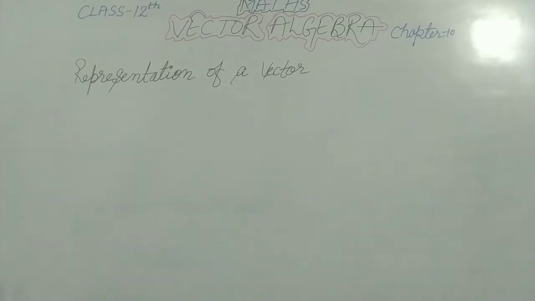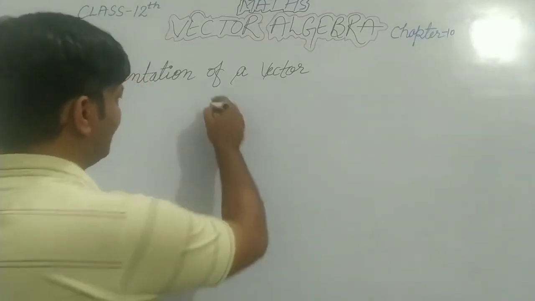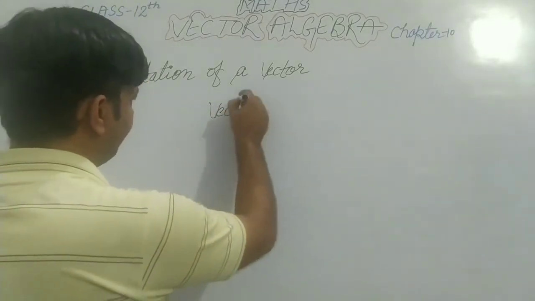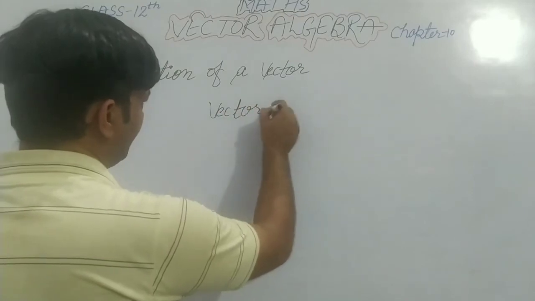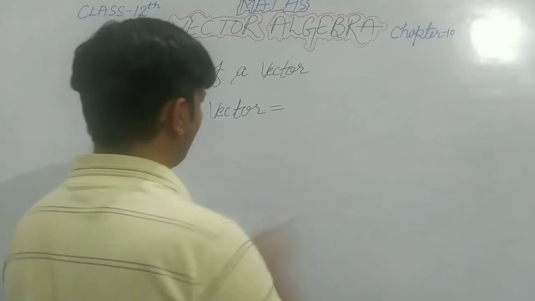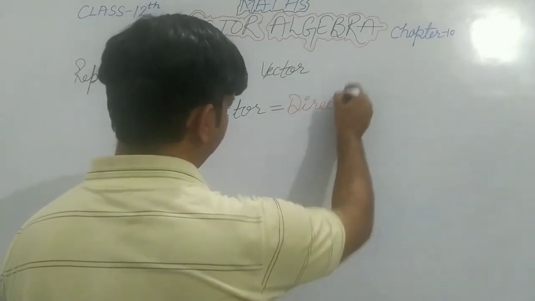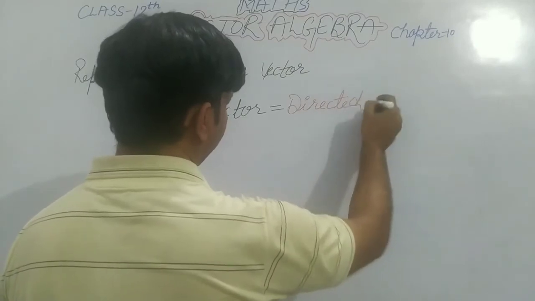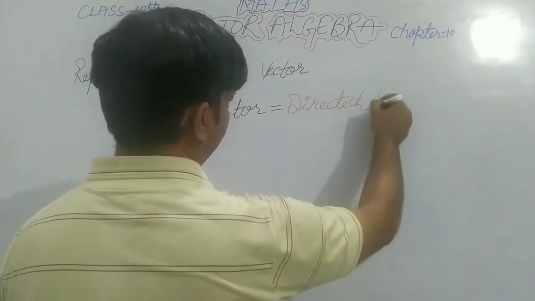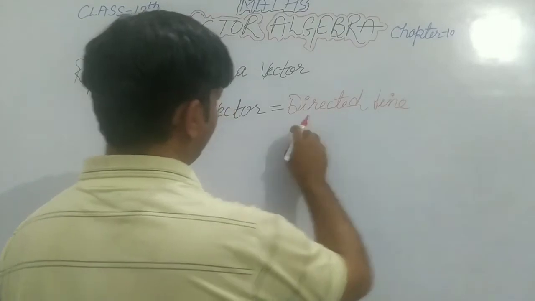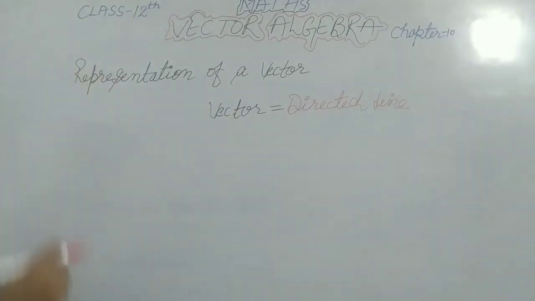Now, representation of a vector. We will discuss a vector as a directed line, nothing else. Isn't it? A vector is a directed line. How?